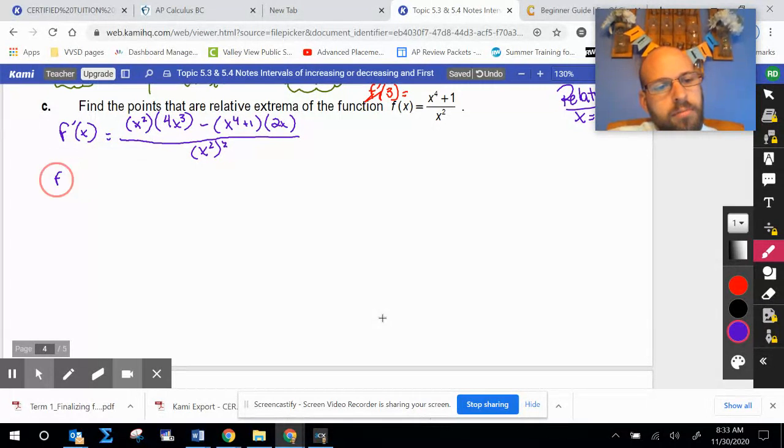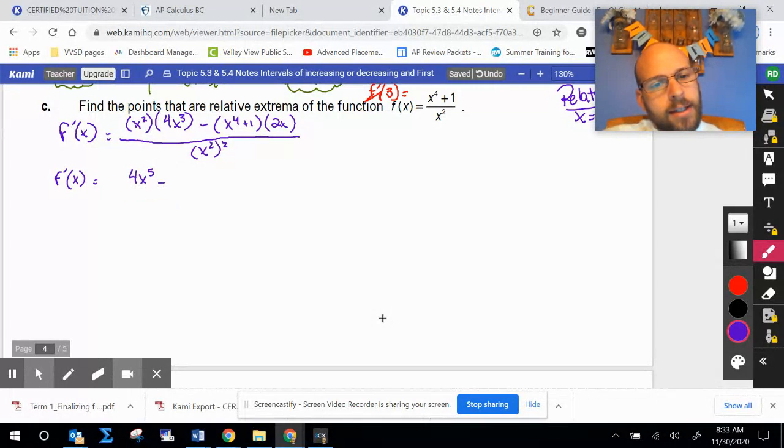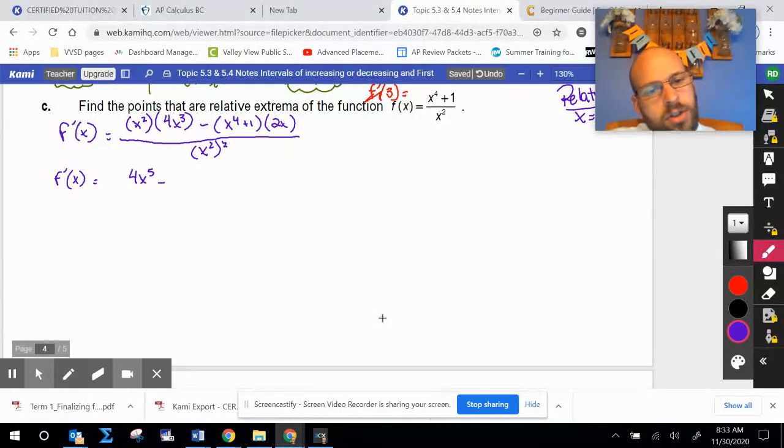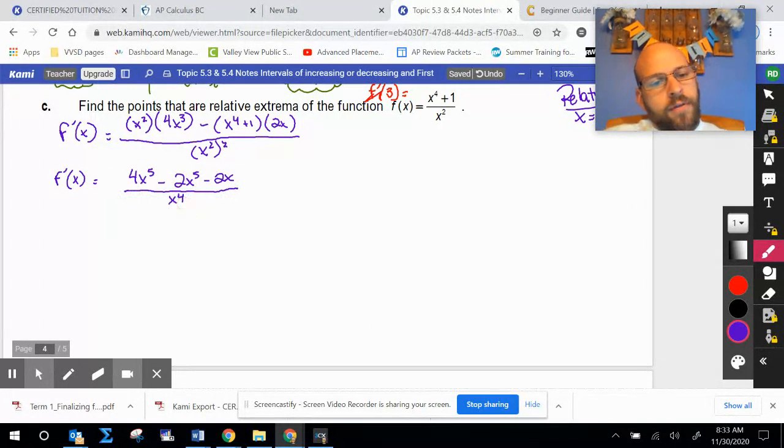And I'm going to try to make this look a little nicer. So I have a 4x to the 5th minus a 2x to the 5th minus 2x all over x to the 4th. I can combine like terms.